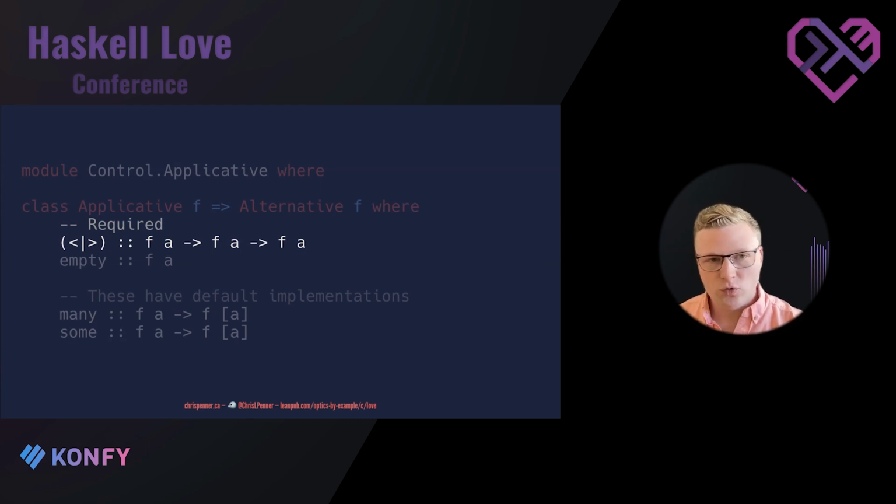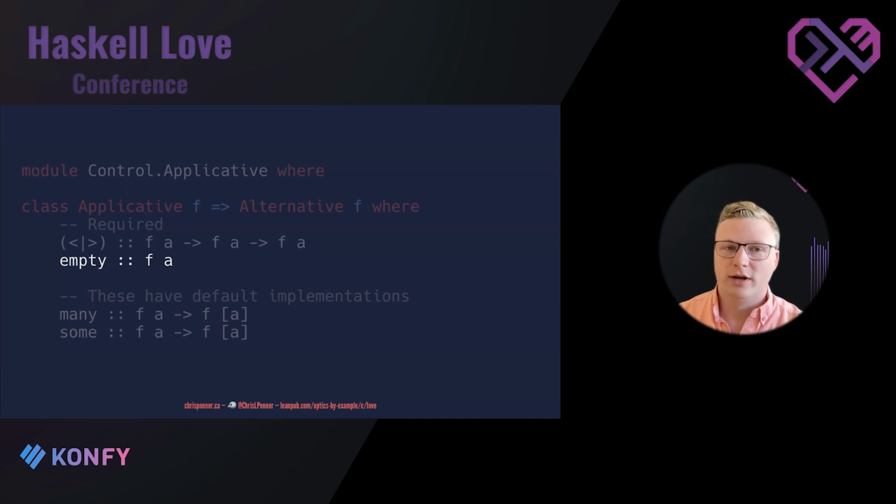Okay, so we have two core combinators that you need to implement if you're going to implement an instance of alternative. We've got this guy here, which is just a binary operator. It takes two instances of that alternative and smushes them together into one. And we've got this empty thing, which we're going to dive into the explanation of really soon.